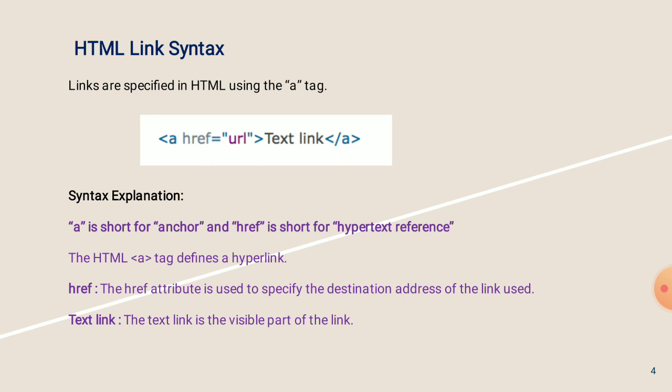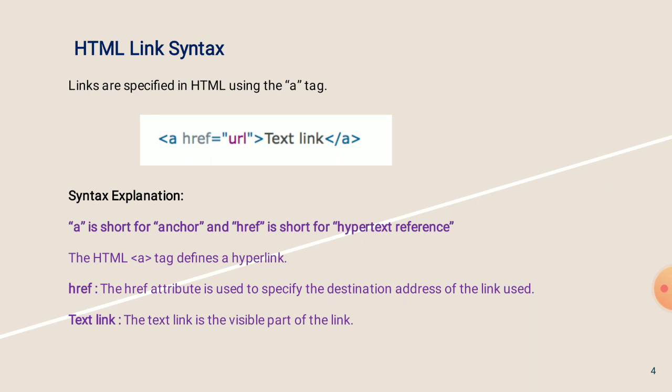The a is short for anchor, and href is short for hypertext reference. HTML a is defined as a hyperlink, and href is an attribute used to specify the destination address of the link. The link text is the visible part of the link.